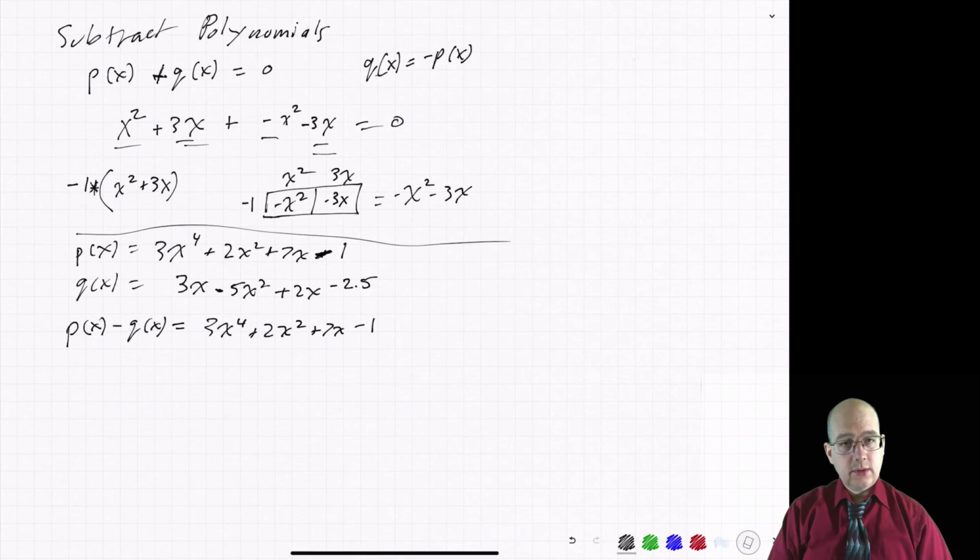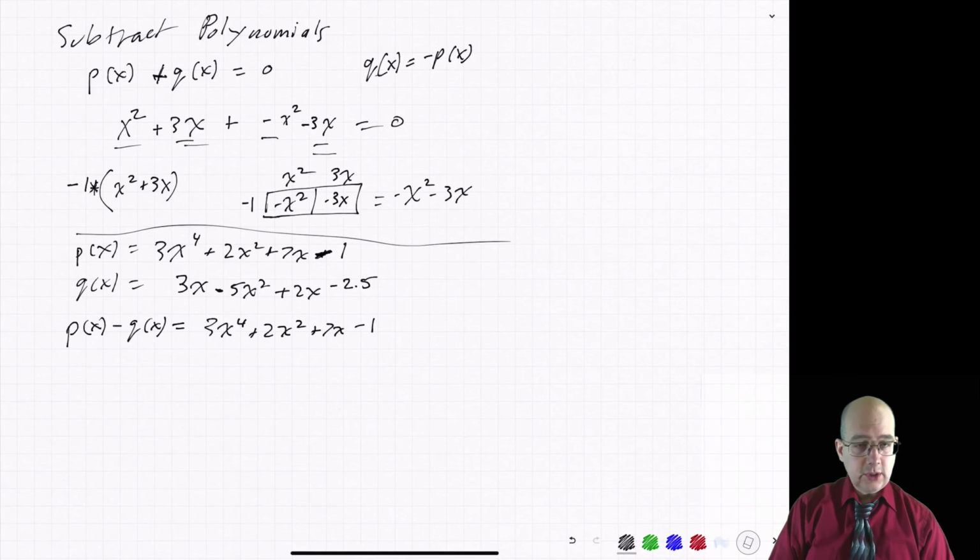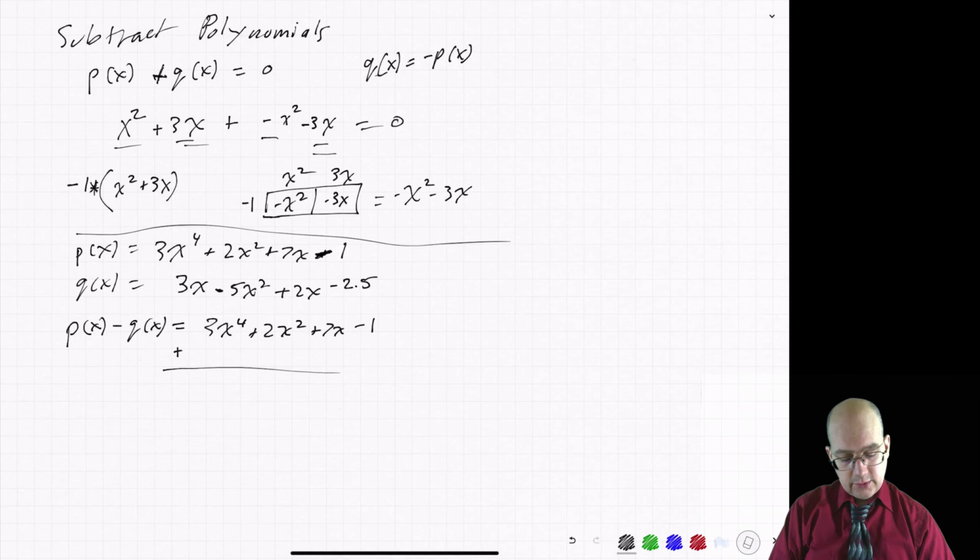And then you can line them up in a vertical method for adding. What I would do is, even though I'm subtracting them, I just put a plus, and I would negate every coefficient I see. 3x to the fourth. So the negative of minus 5 is plus 5, so plus 5x squared.